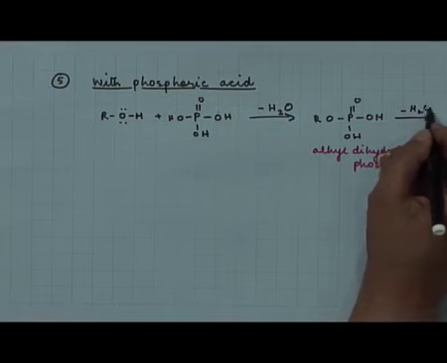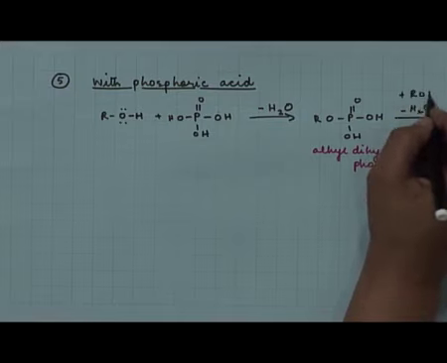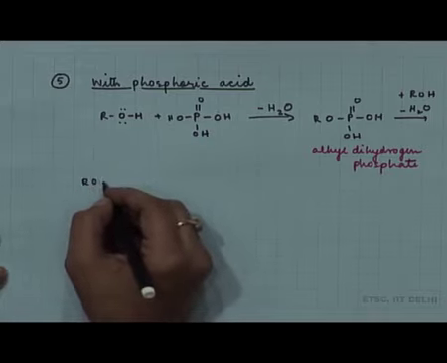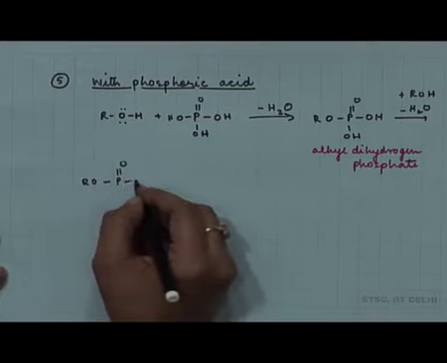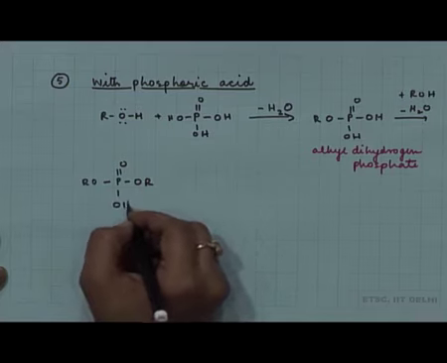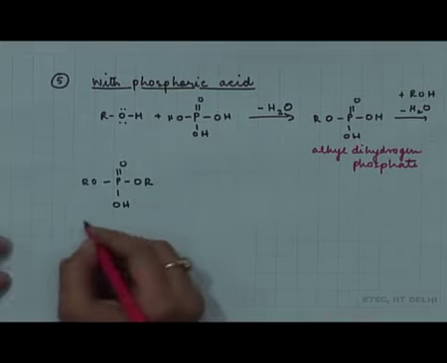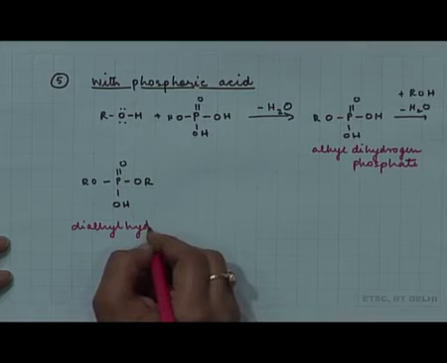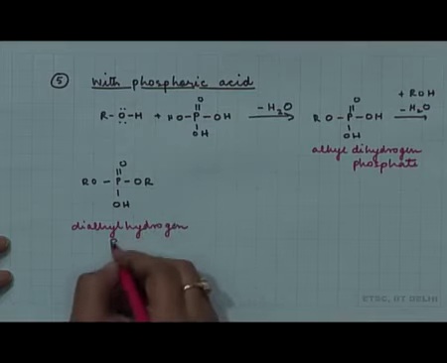It can react with another molecule of alcohol with the elimination of water. It can give you the next product, which is going to be the second hydroxyl substituted by OR, and what you get is this product, which is dialkyl hydrogen phosphate. Okay.